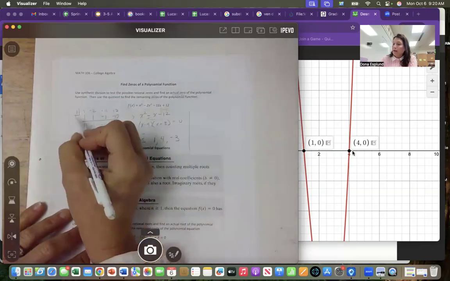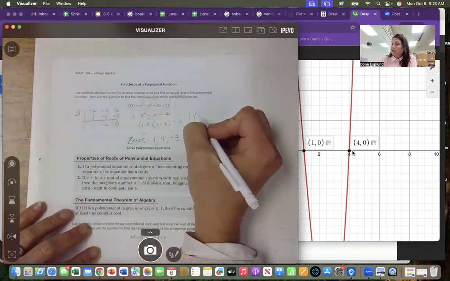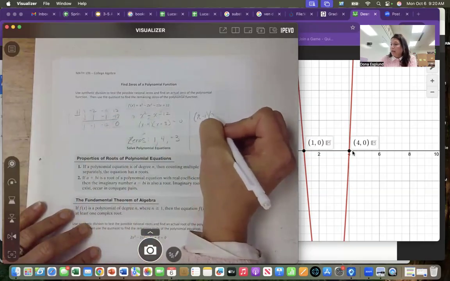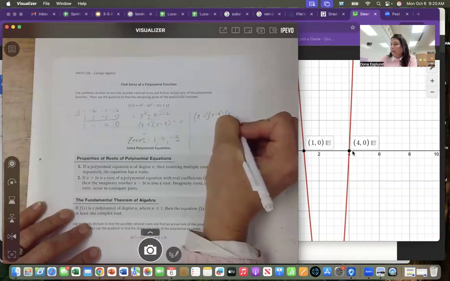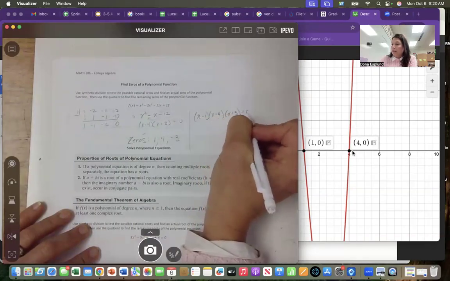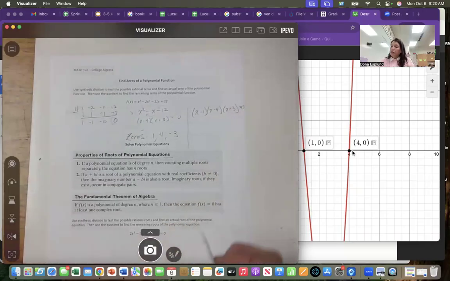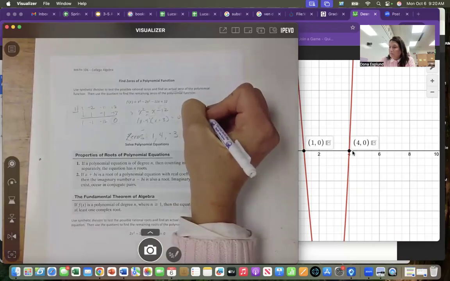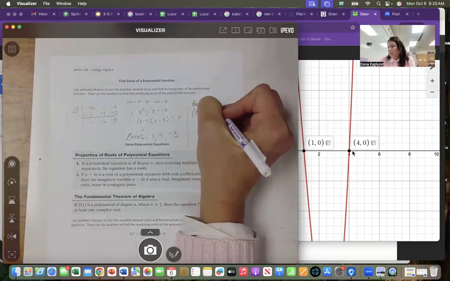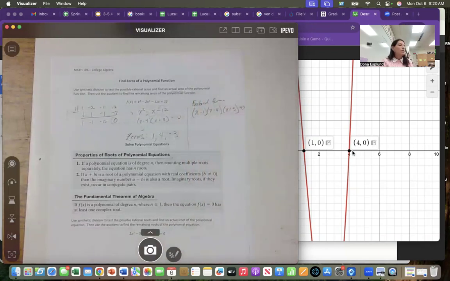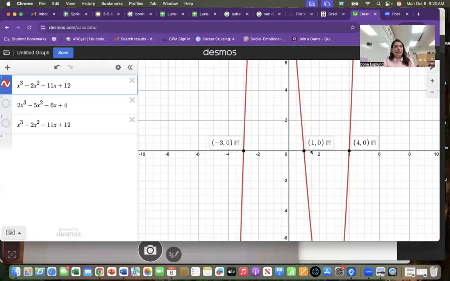And so remember for my first one, that would mean that I have factors of x minus 1 times x minus 4 times x plus 3. So in other words, this is my factor form that gave us those zeros. Okay, and again, Desmos is also a great way to check that because then I can look and say, where are my zeros? And I could find all of my zeros are going to be those same ones that I came up with.